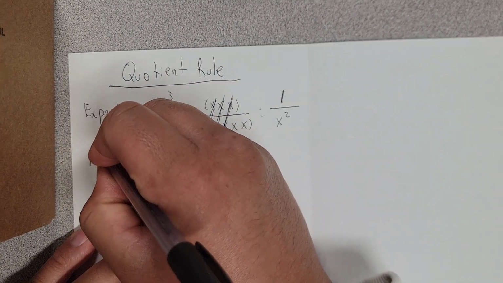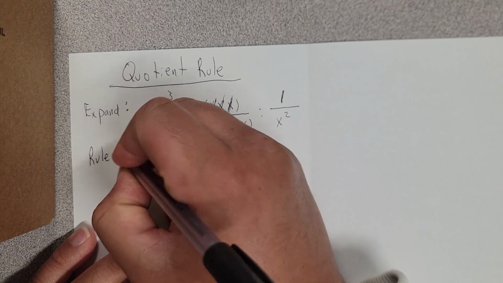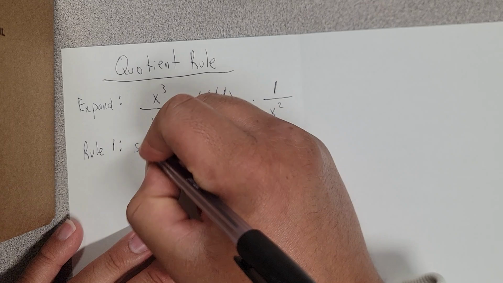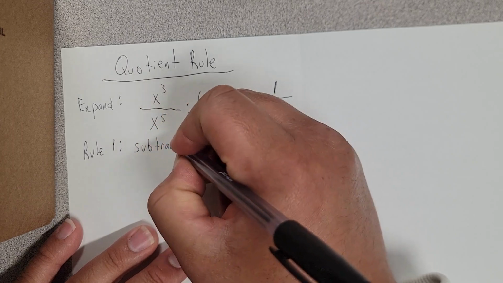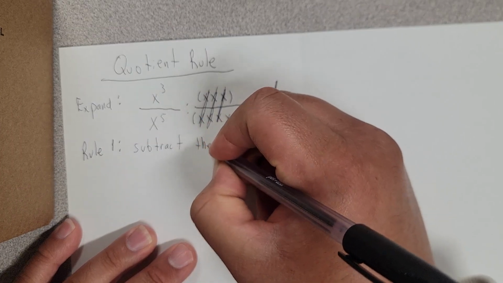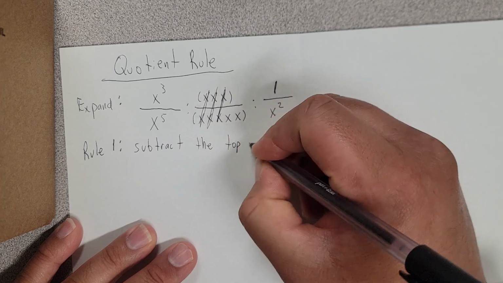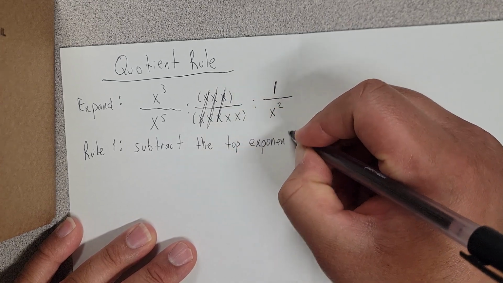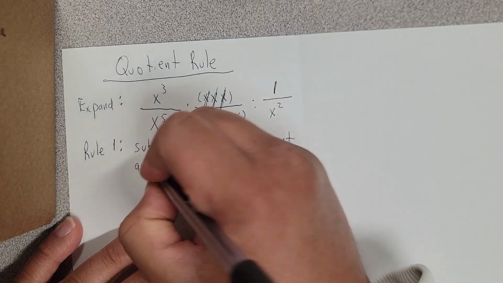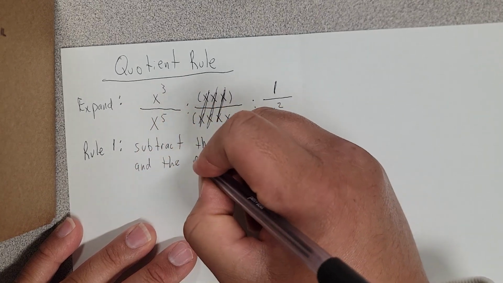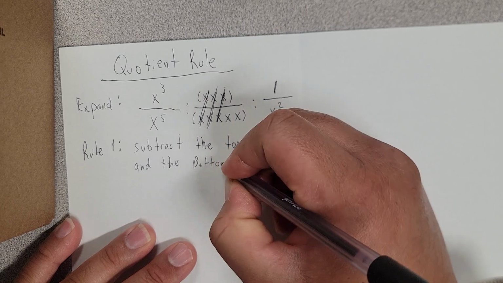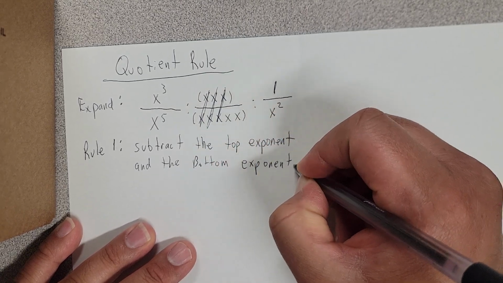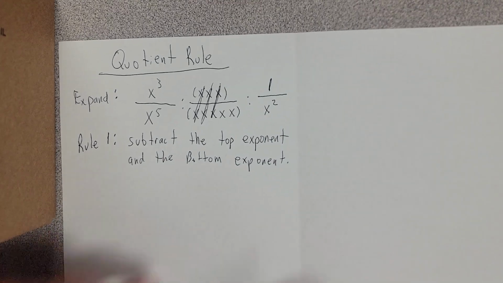Now we do have 2 rules. Right, here's rule number 1. Okay, rule number 1 says to subtract the top exponent and the bottom exponent. Alright, so I'm going to subtract.